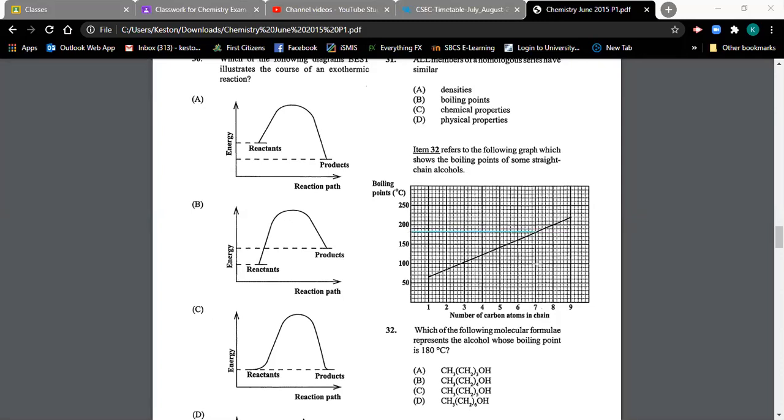Again there. 7 carbon atoms. So which one of those has 7 carbon atoms? Check for me. Let me know. Yeah, that's right. D.